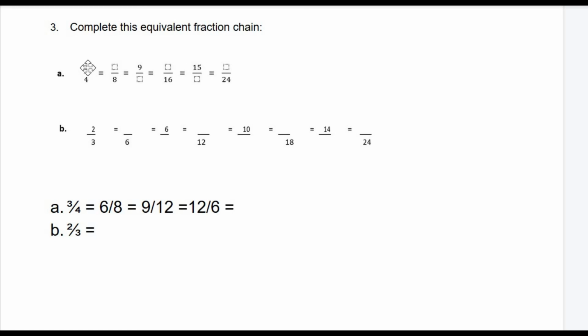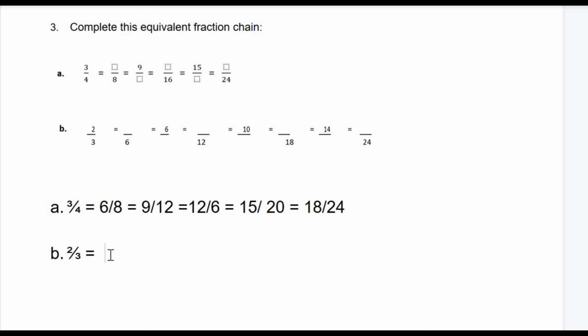So we multiply both 3 and 4 by 5. 3 times 5 is 15, and 5 times 4 is 20. We should multiply 4 by a number that we get 24, and that number is 6. So 6 times 3 is 18, and 6 times 4 is 24. That way, this first sequence is finished.